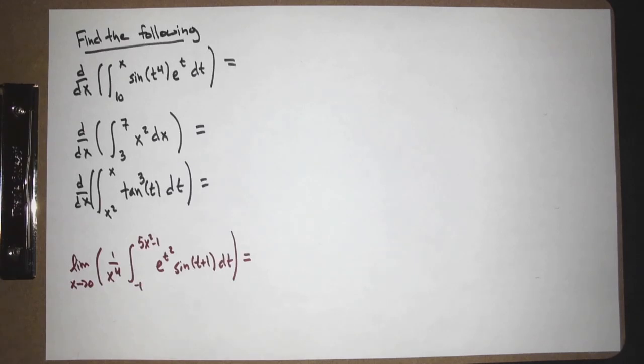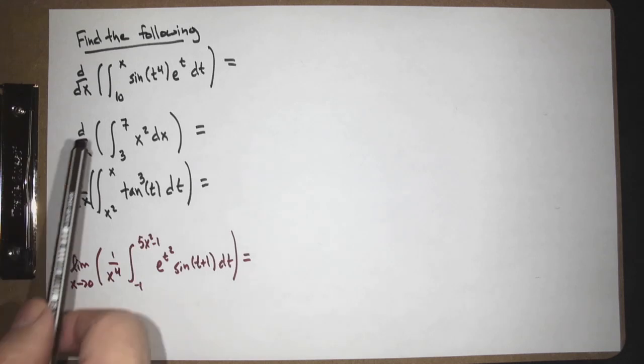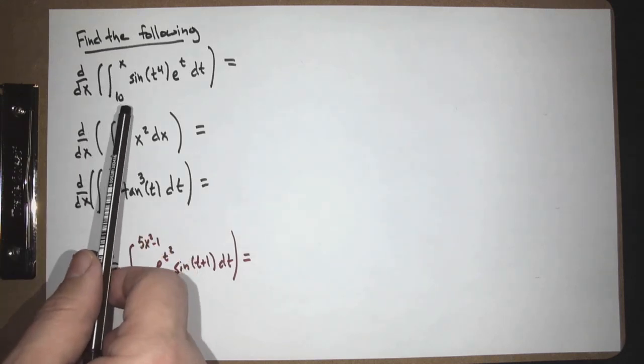Does anybody have an answer? This is one we'll do together. Unless, would you like to do it yourself, and then we can come back together in a few minutes? That's fine with me. All right, then if we're going to do it together, all together now, what do we get? What is this 10 acting as?